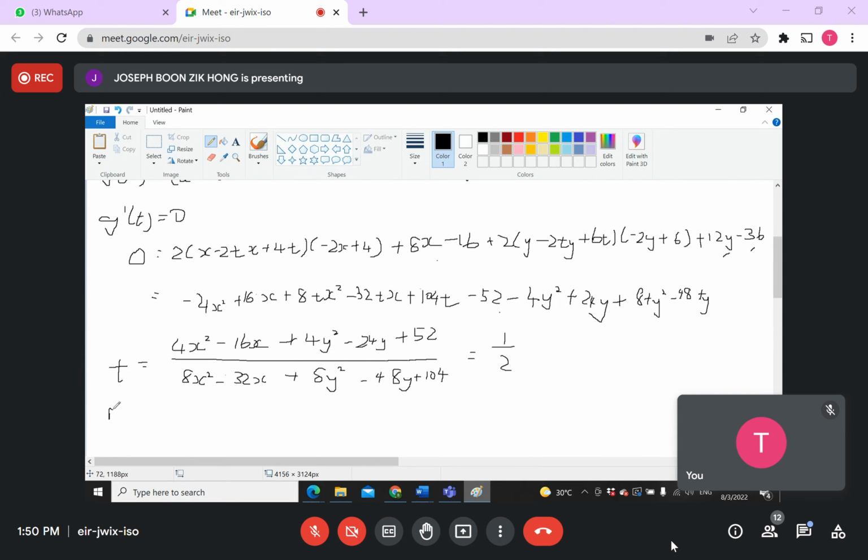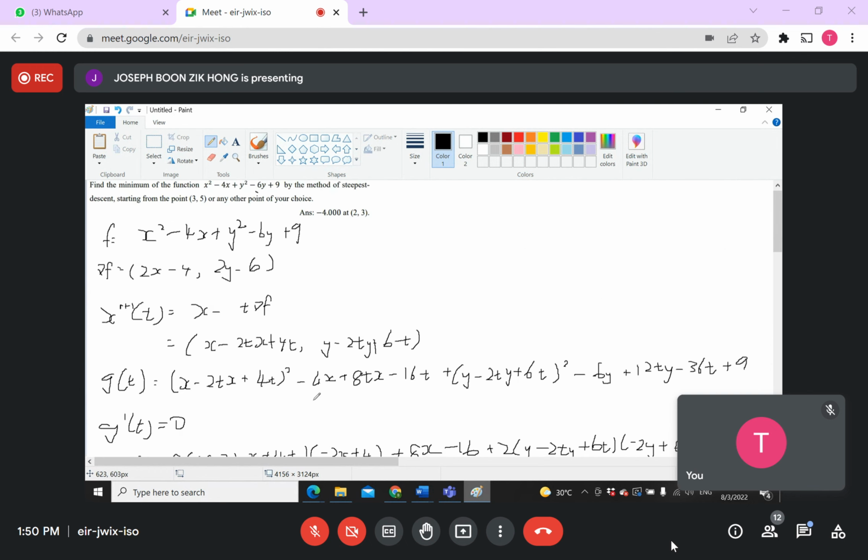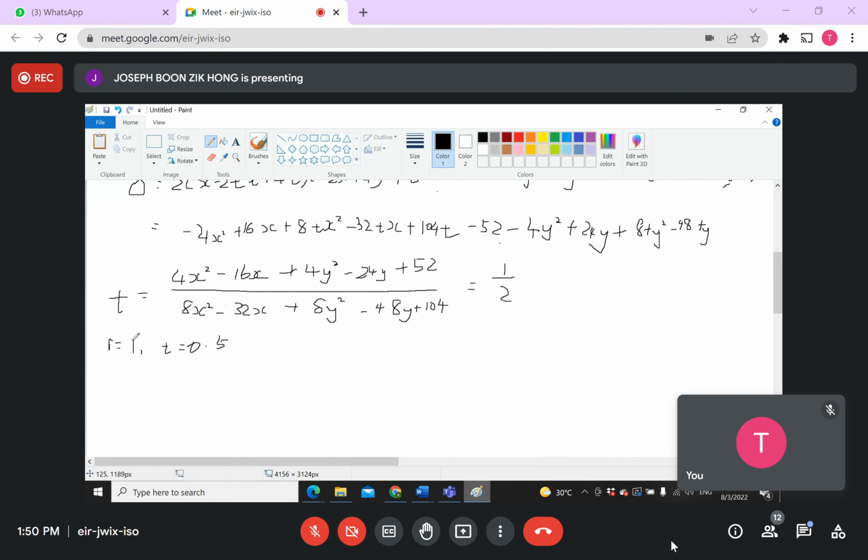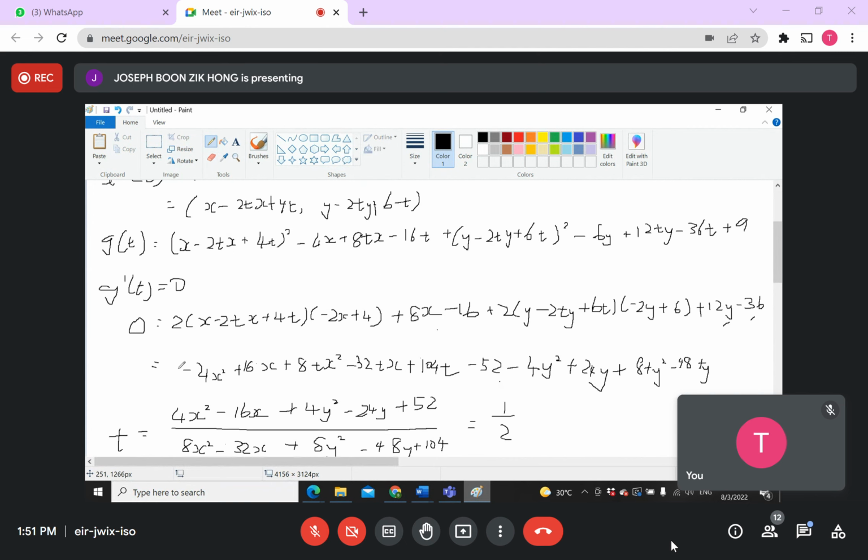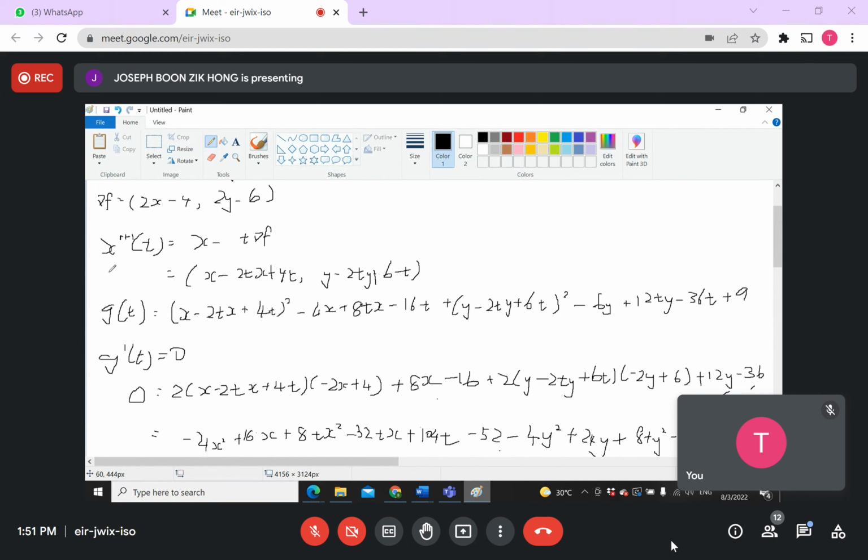So r equal to 0. Okay, so your t is equal to 0.5. Sorry, I should write 0, not 1. So what happened to your x1 will be this one. So this is a formula.